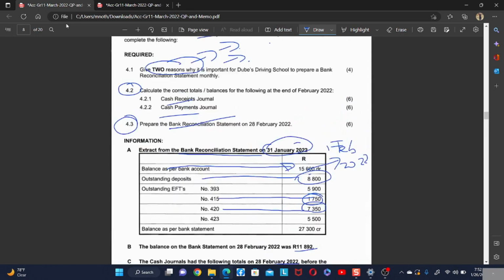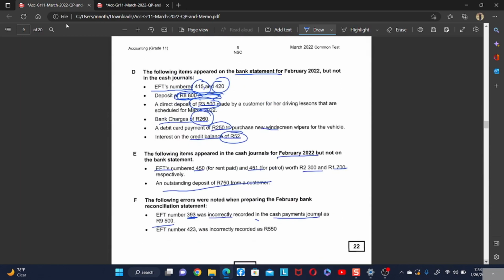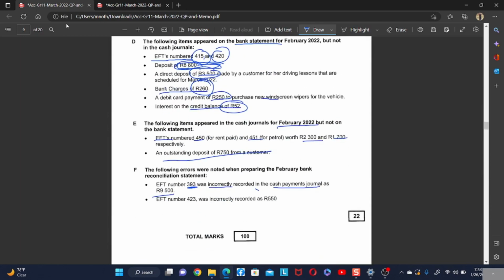Let's go and check. It was 5,900, but in the CPG it was recorded as 9,500. So the difference here is 3,600.